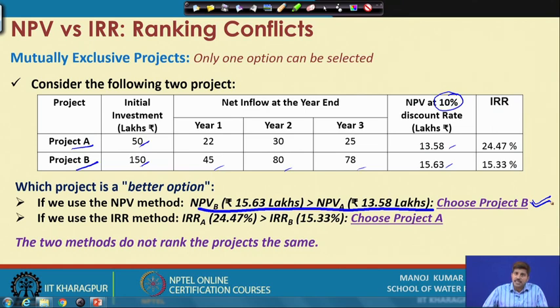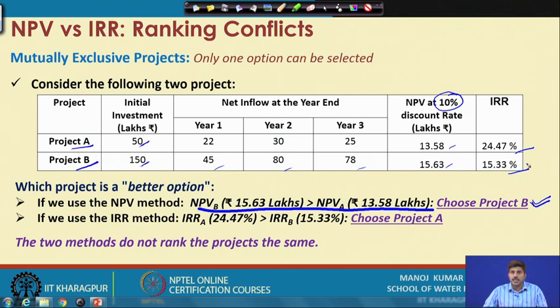But if we take the IRR criteria, okay, if we estimate the IRR for these projects, IRR for project A turns out to be 24.47% and IRR for project B turns out to be 15.33%.